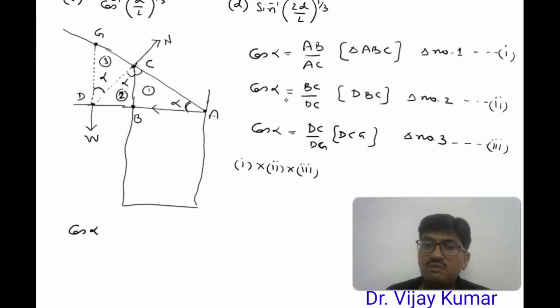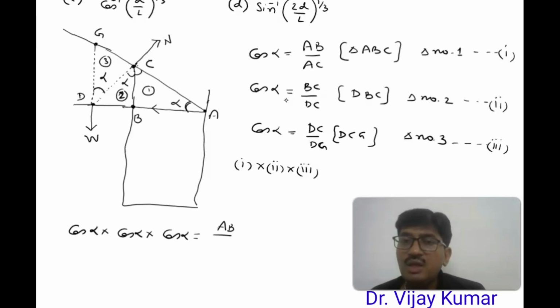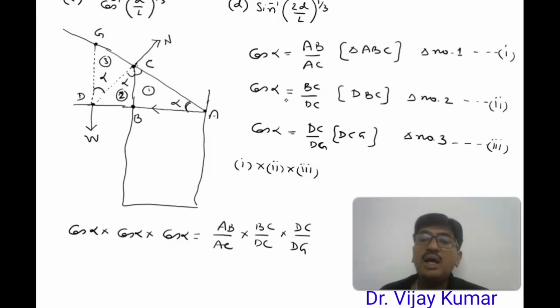And on the right hand side, it should be AB upon AC into BC upon DC into DC upon DG, and it becomes cos cube alpha equal to, if DC cancels out, then we can write AB upon AC into BC upon DG.